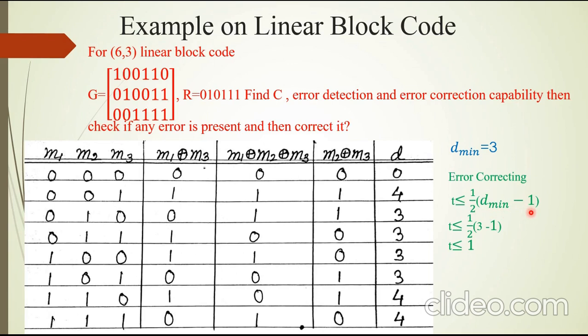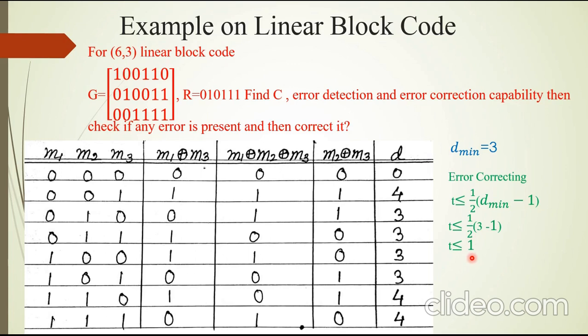So this is the formula of error correcting. Here d minimum is 3, which we have already calculated. So it will be t less than or equal to 1 by 2 into 3 minus 1. So 3 minus 1 is 2, and 1 by 2 into 2 will be 1. So t is less than or equal to 1.